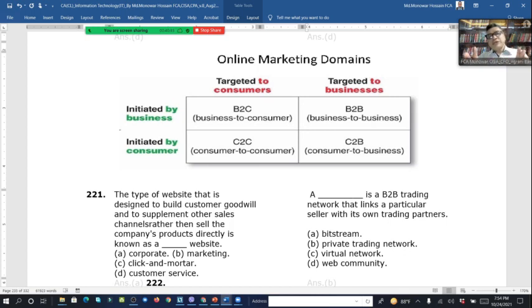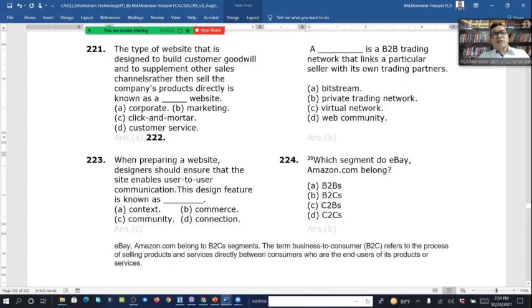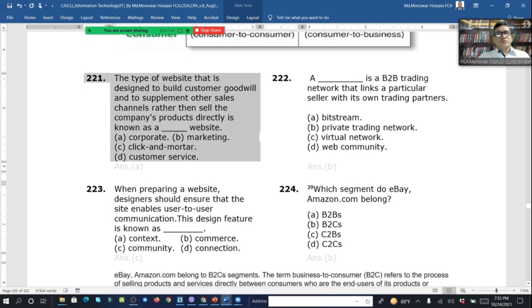So if we remember that chart, there are a lot of questions from here. If we see 2 to 1, the type of website that is designed to build customer goodwill and to supplement other sales channels rather than sell the company's products directly is known as, the basic answer is, corporate.